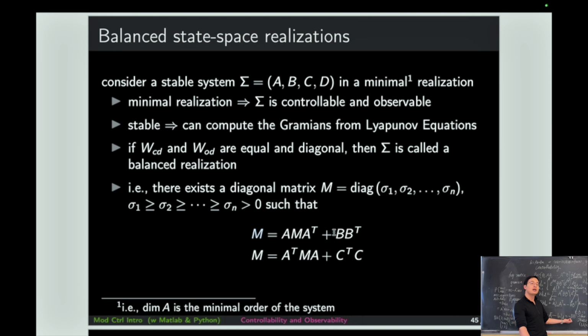This is the controllability Gramian. And we require that the same Gramian can be computed from the observability Lyapunov equation. Okay, so we try to find these. If a system is determined, with A, B, C all given, then we can solve for these Gramians.